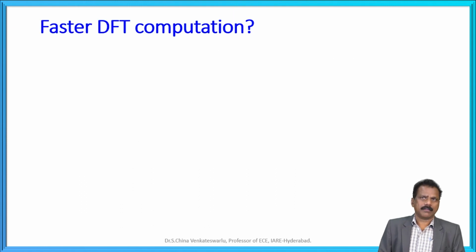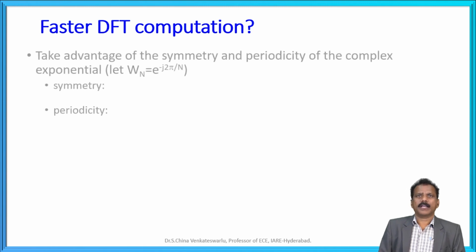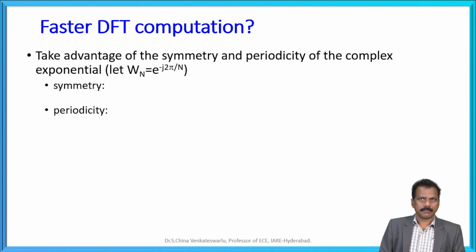Faster DFT computation. How do we achieve faster DFT computation? It is possible by using all these known or unknown properties with proof, which are easy to analyze. Then we will be ready to compute faster discrete Fourier transforms. So take advantage of the symmetry and the periodicity of the complex exponential properties.